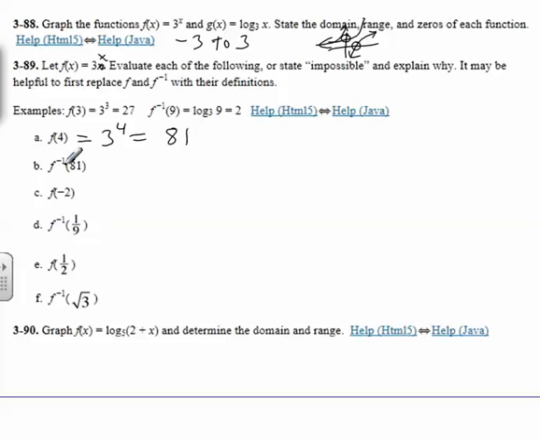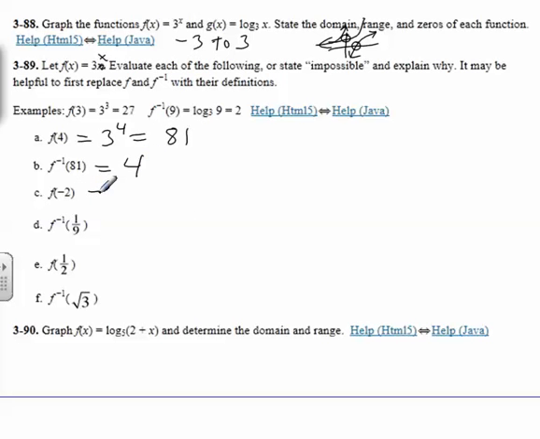Now we want to do the inverse of 81. So what would be the inverse of that function? Well, it's just what undoes this. We got 81 as an output from this one, so the inverse of it, we would get back what we put in, so the output would be 4.